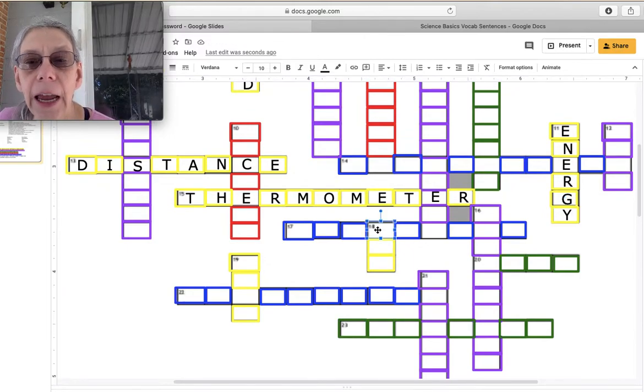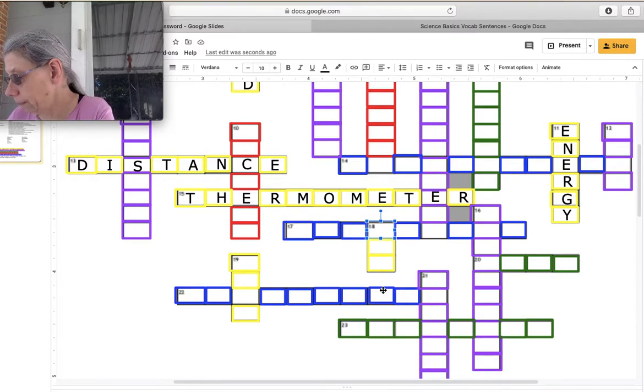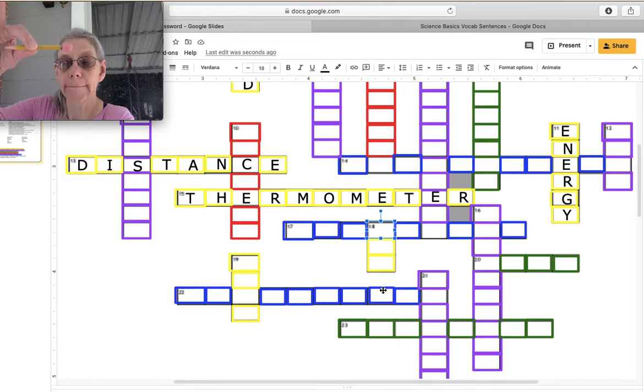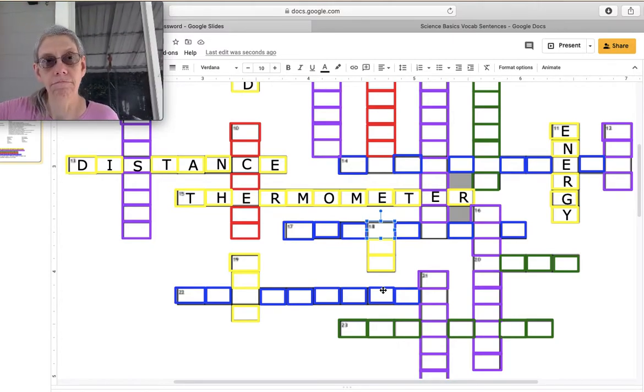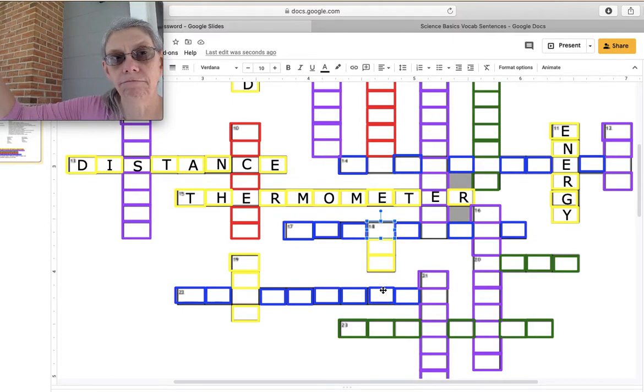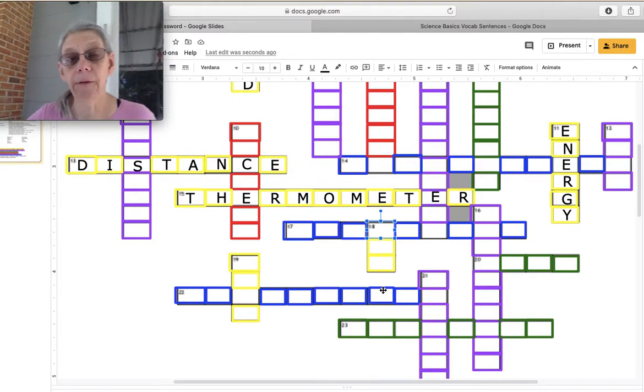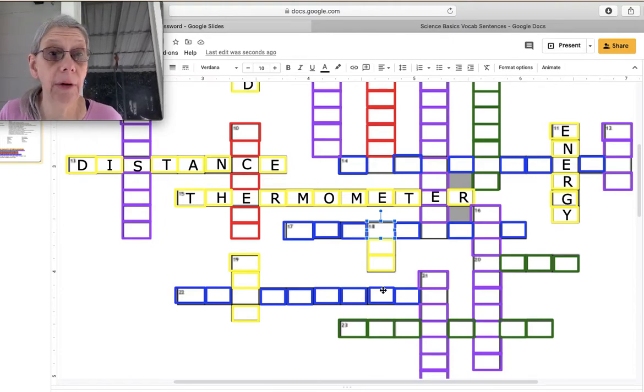Okay, 18 down is one of those words. Observation of a process in the universe that cannot be tested. Like, there's one of these for gravity. You let something go, it's going to fall. We can't turn gravity off to test it.